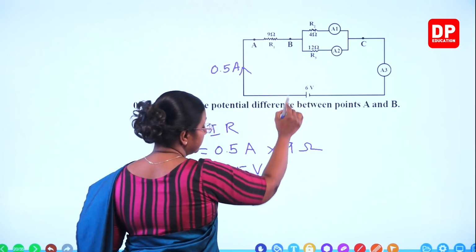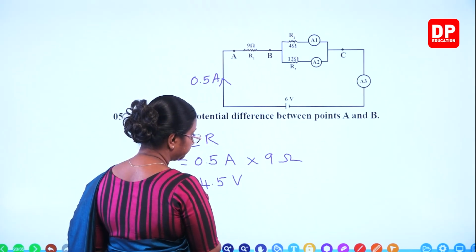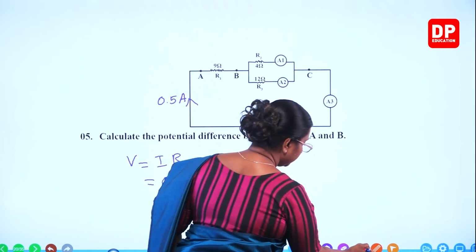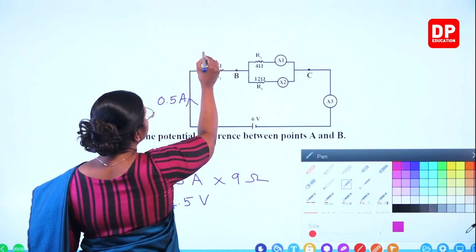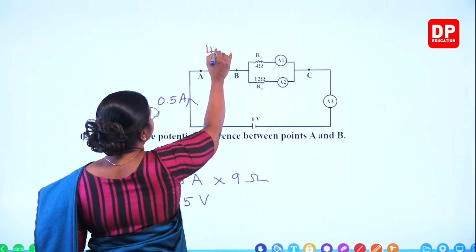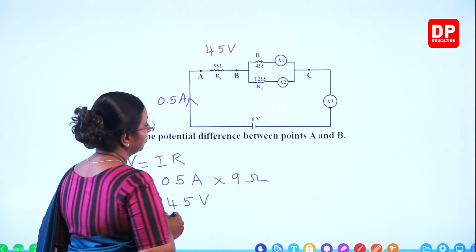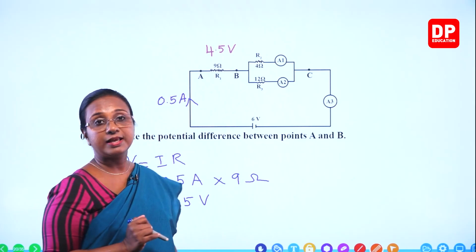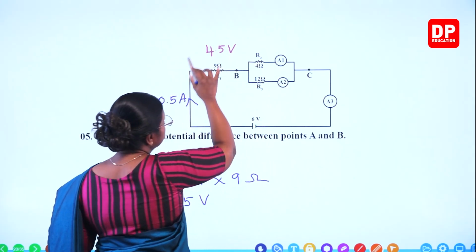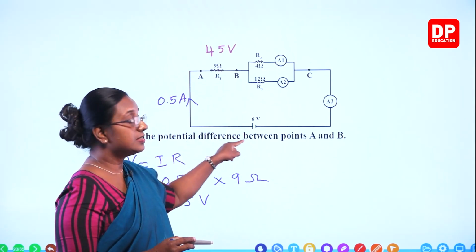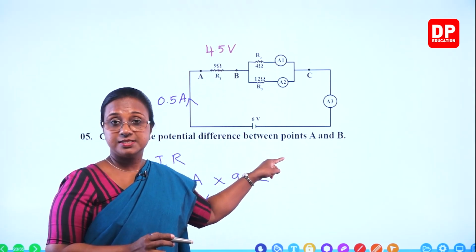So out of this total voltage, you can see here between these 2 points it is 4.5 volts. Then obviously you all can understand between points B and C it is the rest. Total potential difference is 6 volts.